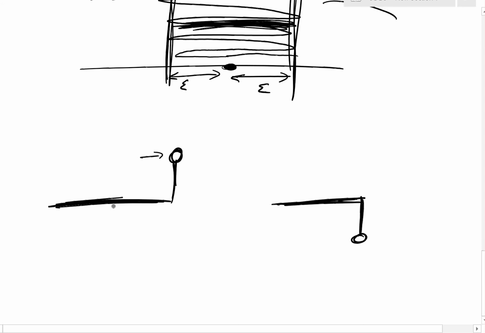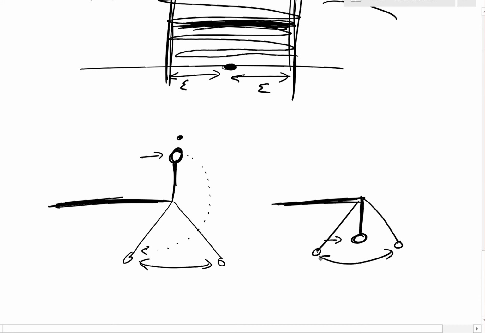In this case, we swing round over to here, then swing back, and get into a cycle. But the point is that we start over here and get pushed to another equilibrium point, so it doesn't start and stop here. In this other case, if we push it, we end up over here and just swing between the two.